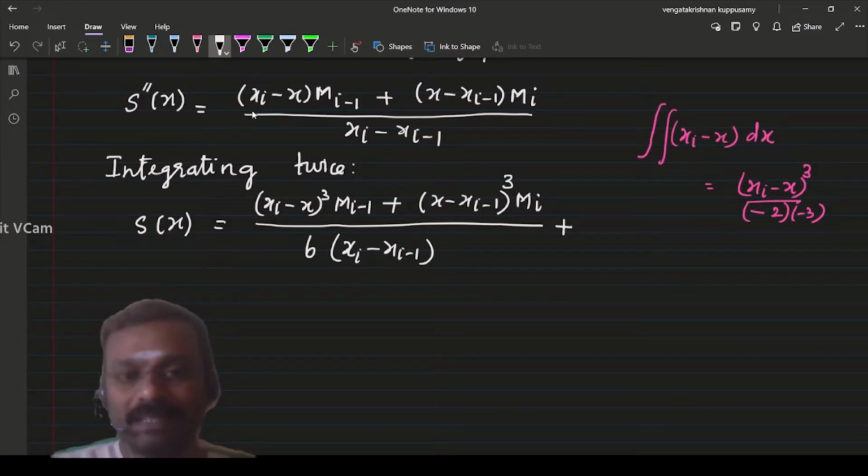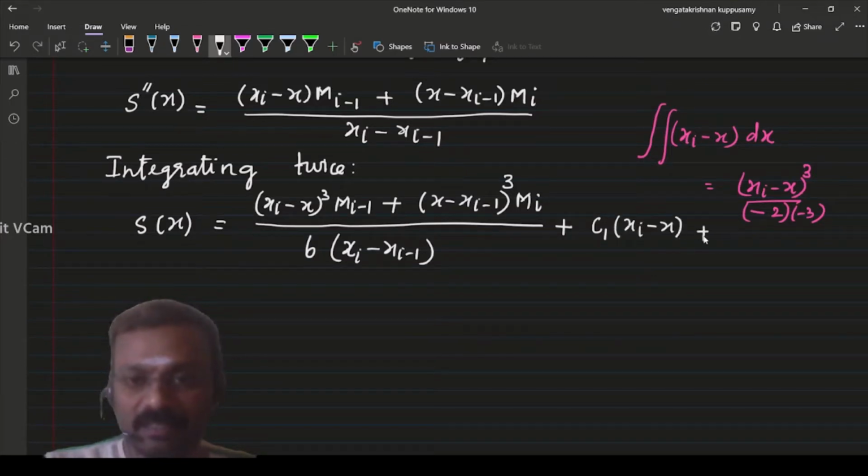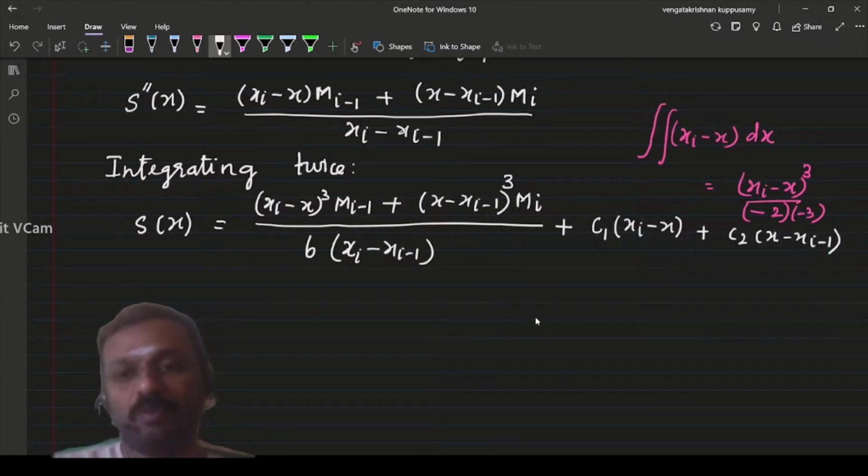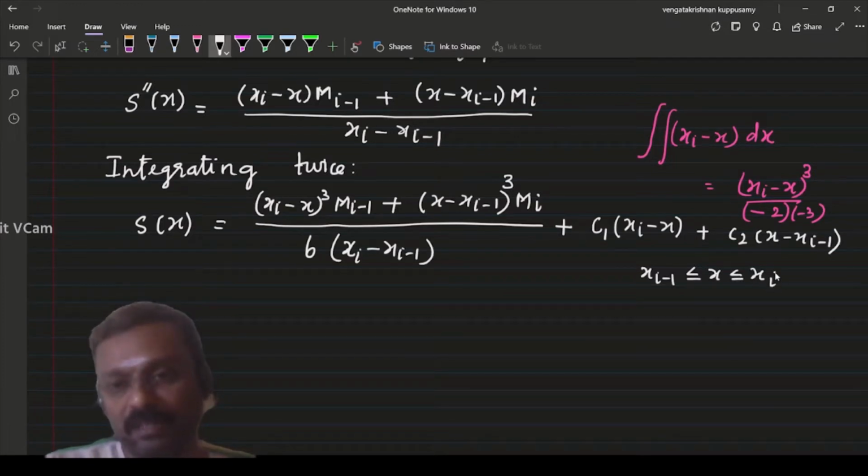So on double integrating, the constants of integration will give a linear polynomial in xi minus x and x minus xi minus 1. So this is the required cubic spline interpolation in the interval xi minus 1 to xi.